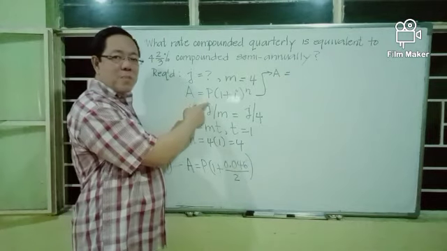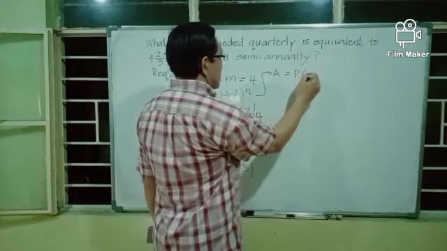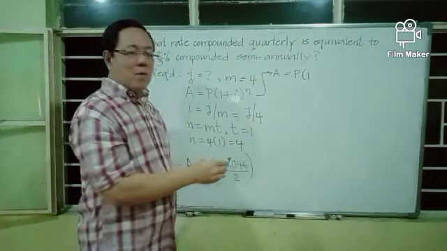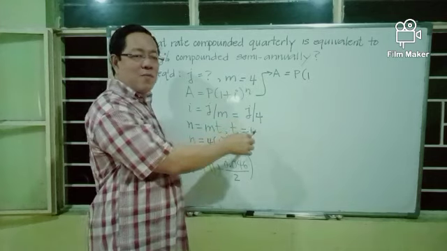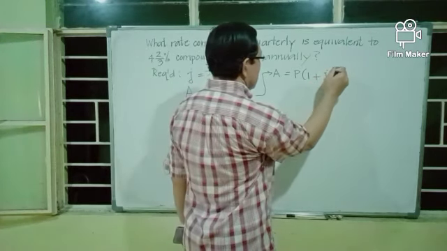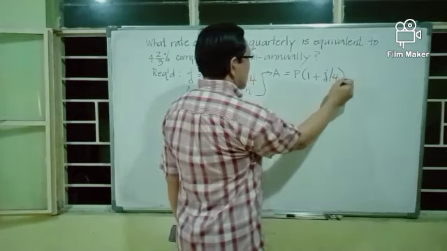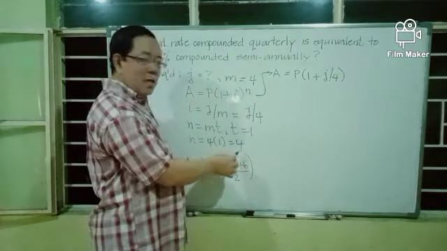A equals P multiplied by quantity 1 plus I, which is J over 4, to the power N, N is 4.